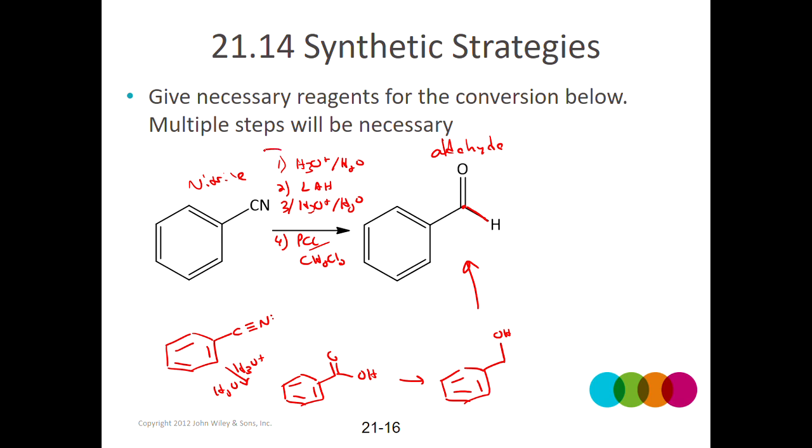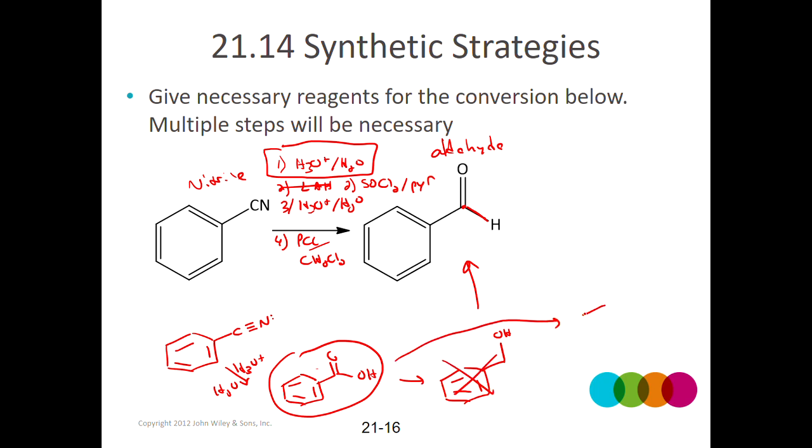Alternatively, I could start with the same first step to produce a carboxylic acid. Then I could use thionyl chloride and pyridine to convert the carboxylic acid into an acid chloride.